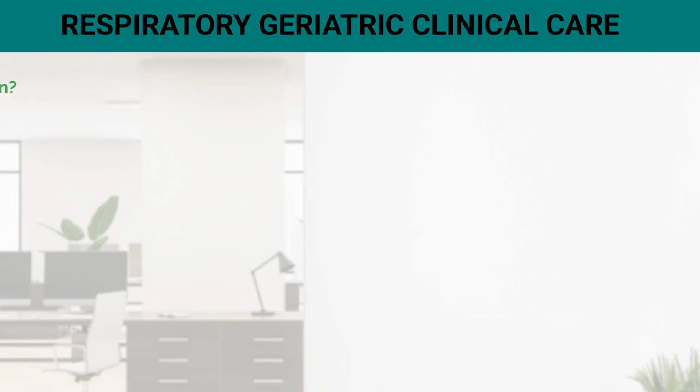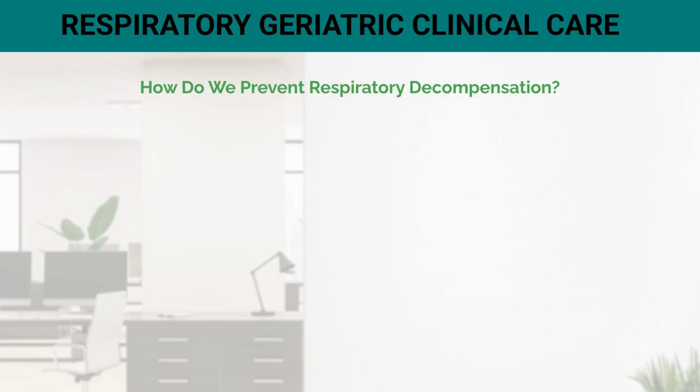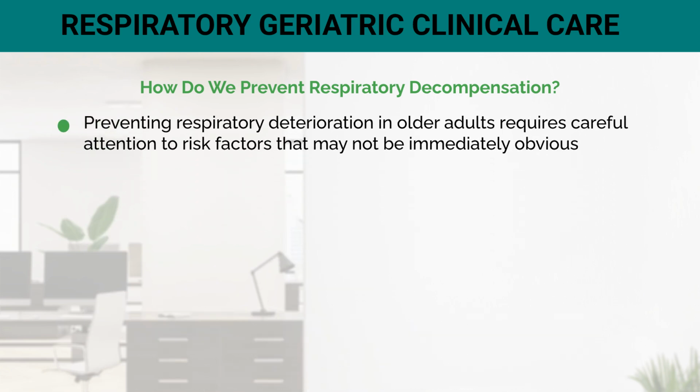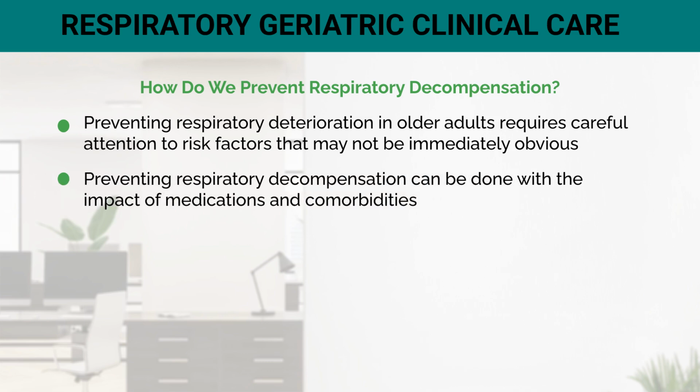Let's proceed to how we can prevent respiratory decompensation. Preventing respiratory deterioration in older adults requires careful attention to risk factors that may not be immediately obvious. Preventing respiratory decompensation can be done with attention to the impact of medications and comorbidities.